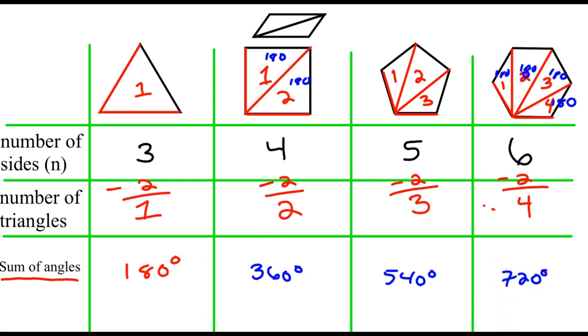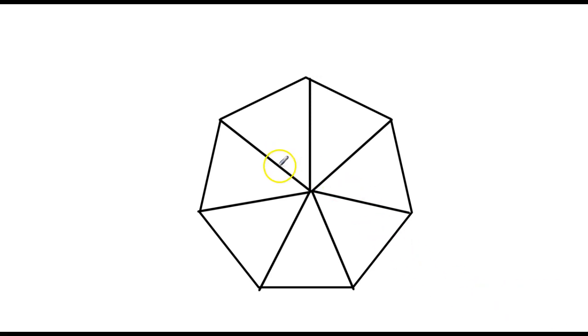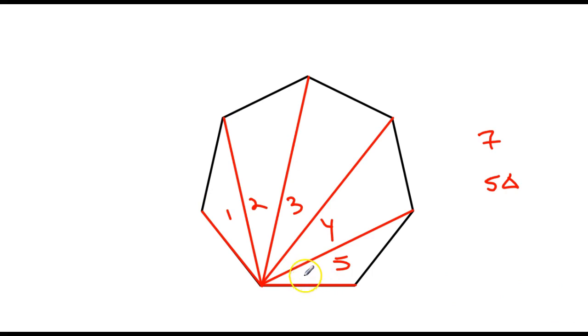If I looked at my 7-sided figure and drew my triangles like this, which is why we don't want to draw our triangles like this, I would have a total of 7 triangles times 180. And the problem is all of these angles right here are not a part of the original angles of the polygon. That's why we want to draw our triangles like this.